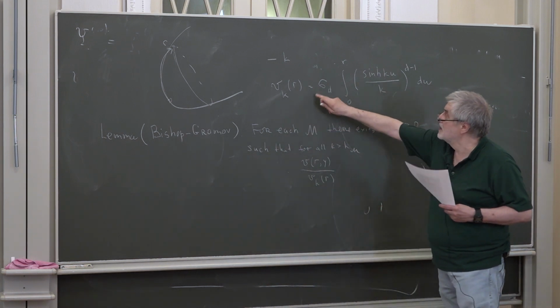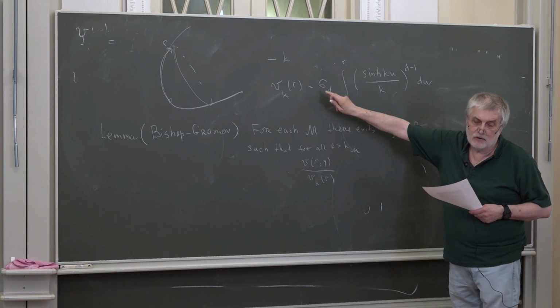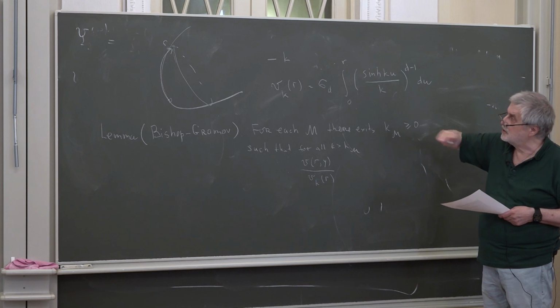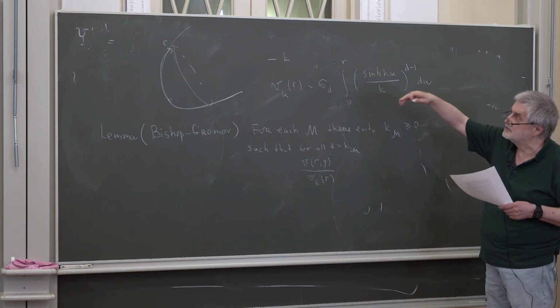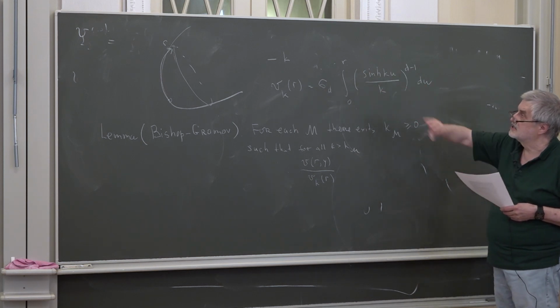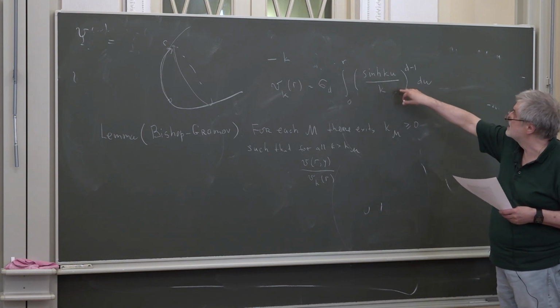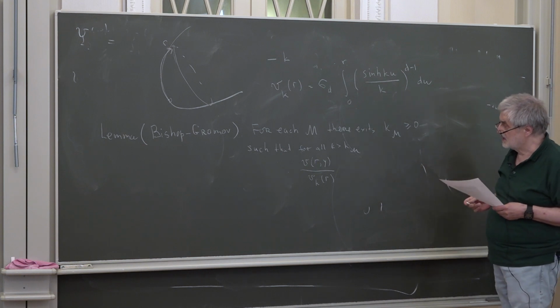This volume, by the way, doesn't depend on the position of the center of the ball, because this is a very homogeneous space. It is a group of translations, and this is invariant under translations.